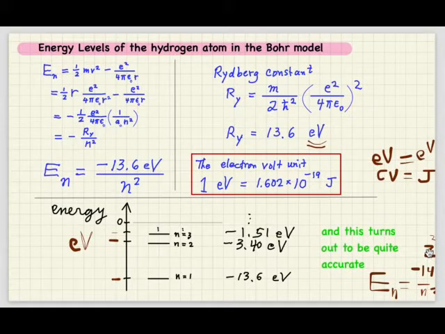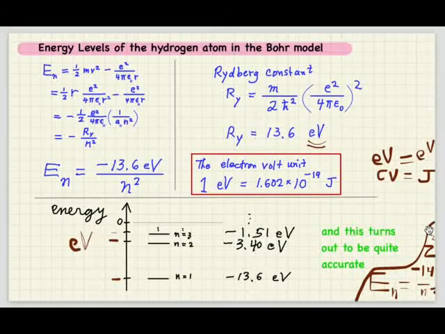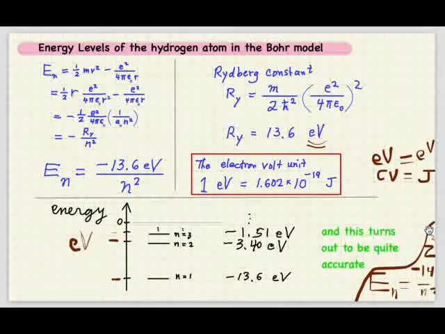So Z would then be 2. And the lowest energy level here would be minus 13.6 times 4, Z squared. So there will be some problems on the Lon Kappa assignment where you'll deal with one electron ions.